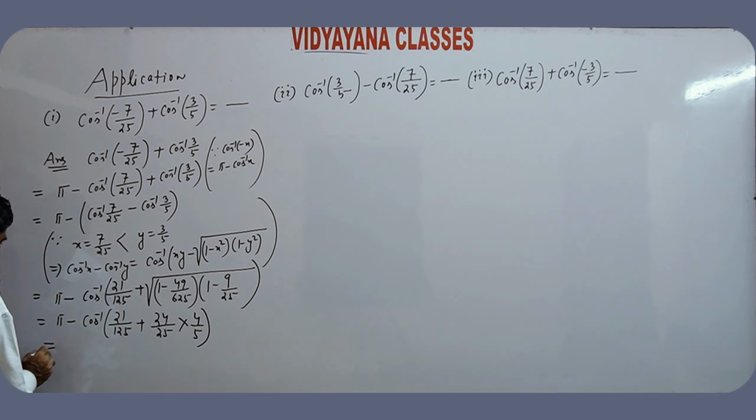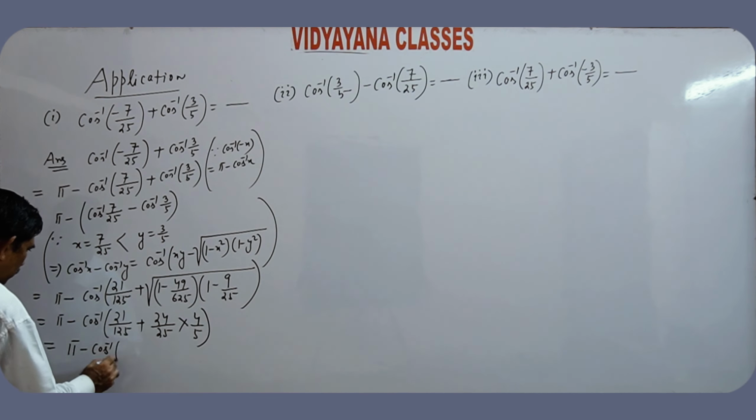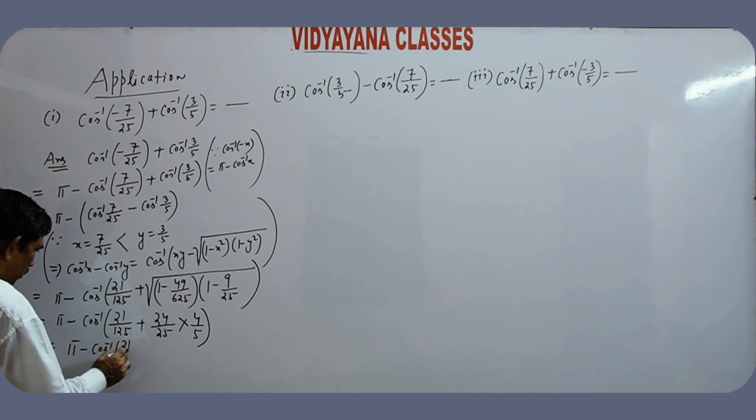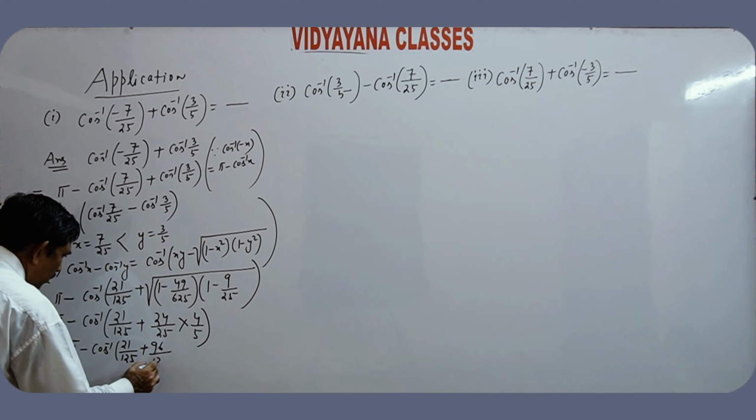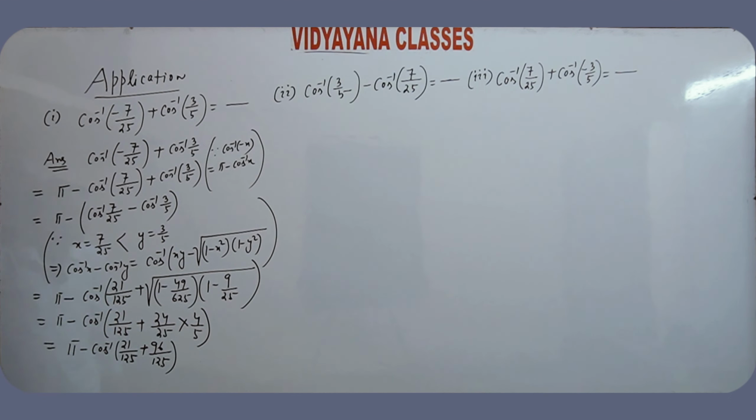which is same as pi minus cos inverse of 21 by 125 plus 96 divided by 125. Clear?